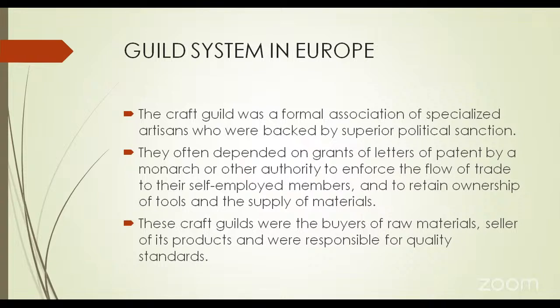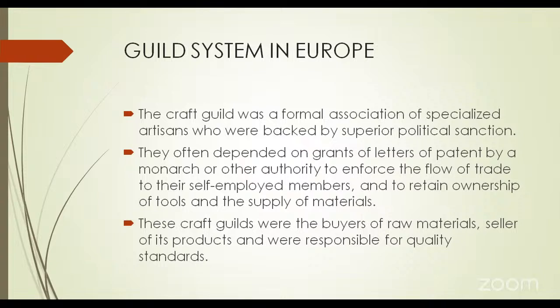A group of people hold more power than a single individual. What we see as politics even today, what ASSOCHAM or FICCI does in terms of lobbying with the government and political power. These industrial organizations try and push their case, dependent on grants of letters of patent by the monarch or other authorities to enforce the flow of trade to the self-employed members, which is now done by, say, a parliament, which passes a law, and there are various arms of the government which do this.